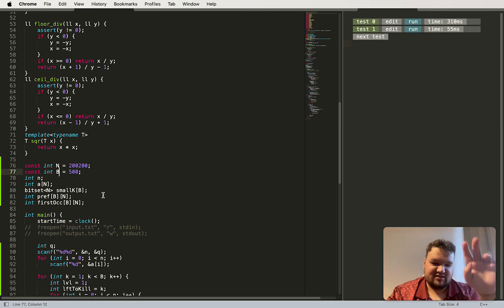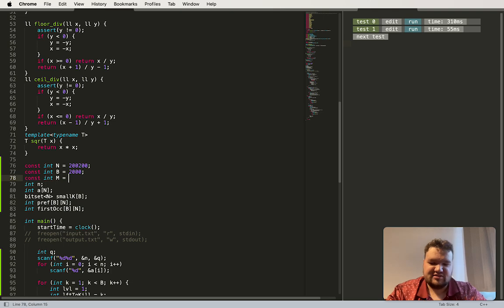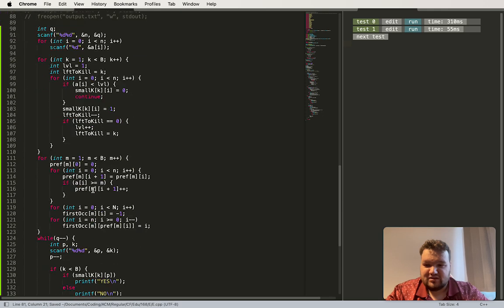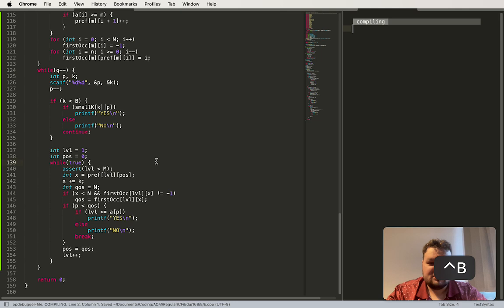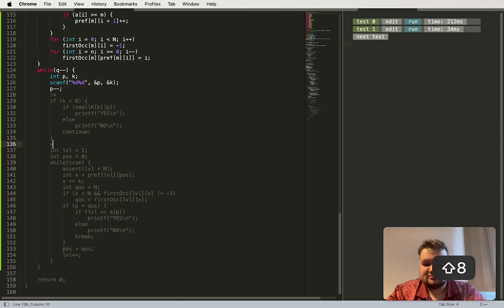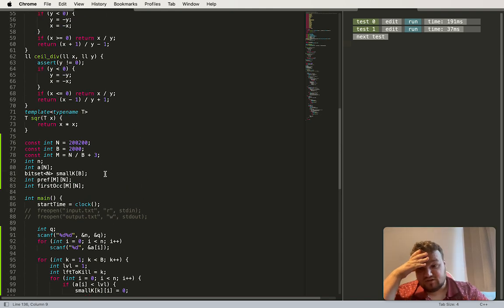I should make it uneven, right? So I will say that b is like 2000, and this should be n divided by b plus epsilon, and make this big M, and this also up to big M, and this assert is to big M. Alright, so now this is 400 million bits, so it's 50 megabytes.